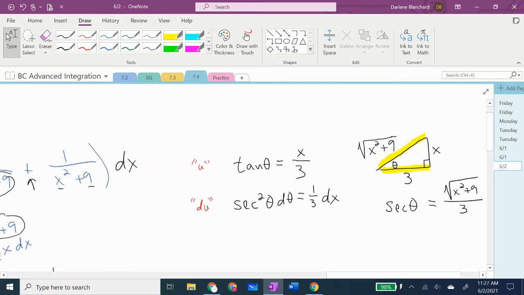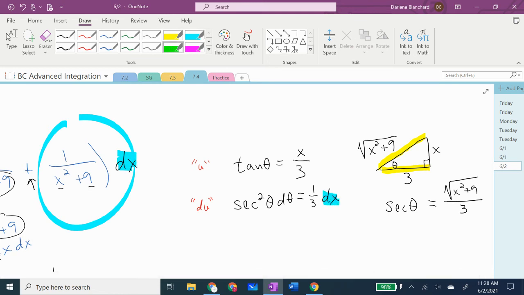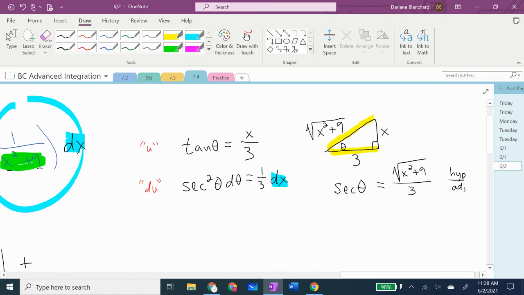Now, as I substitute in, I need to substitute for my dx, and I can substitute for my x squared plus 9. X squared plus 9 is equal to squaring 3 times secant theta.